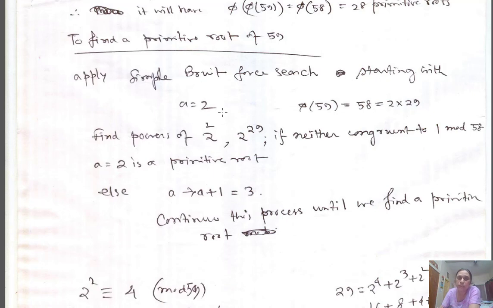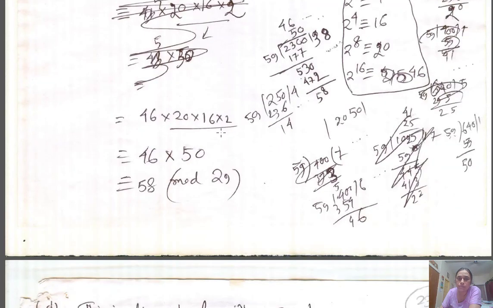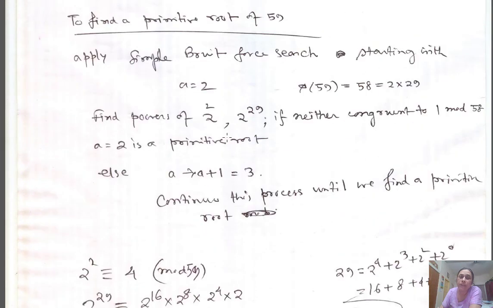Okay, so fortunately in this case our first attempt with this brute force search is successful. So a equal to 2 is a primitive element. But in certain cases, suppose 2 to the power 29 is 1, then it is not a primitive element, so we will check the next least integer which is co-prime to 59.